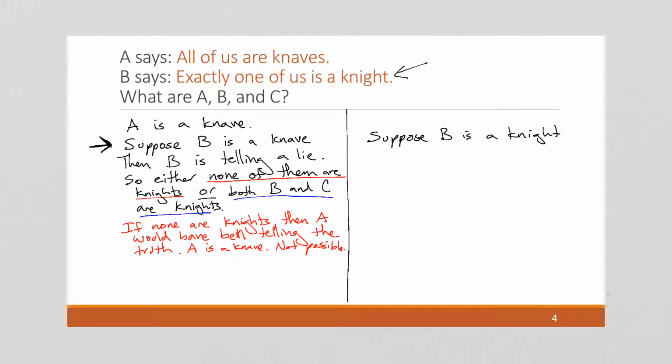Let's look at the other idea. Both B and C are knights. Well, the problem with this one is we supposed that B was a knave, right?